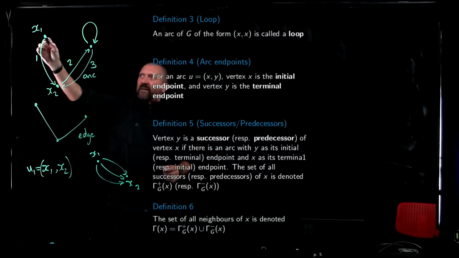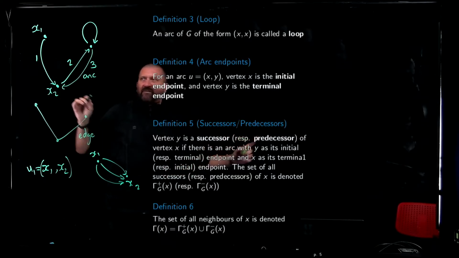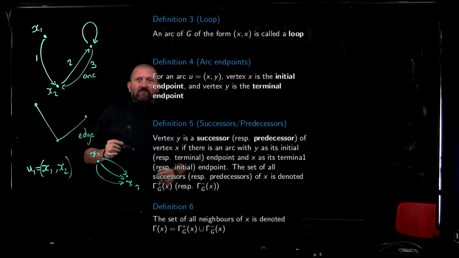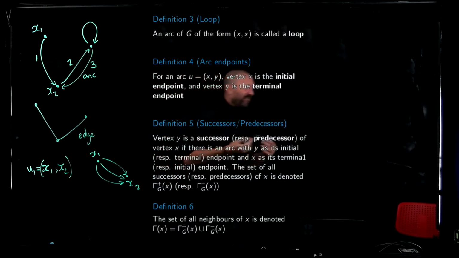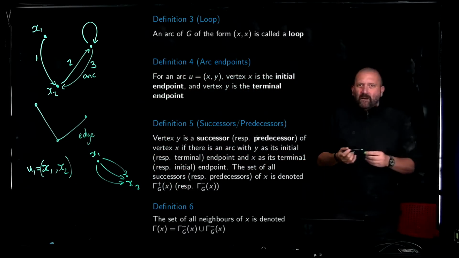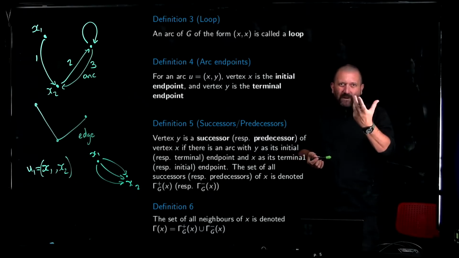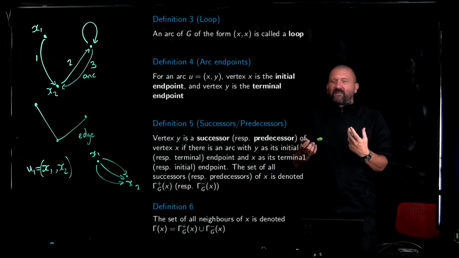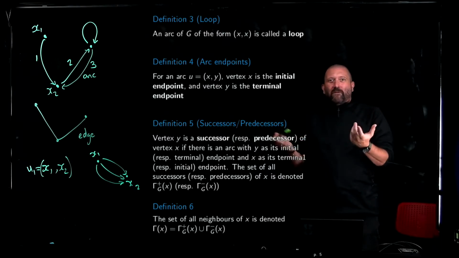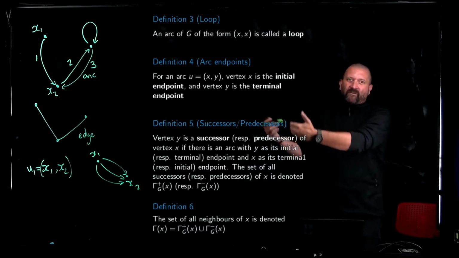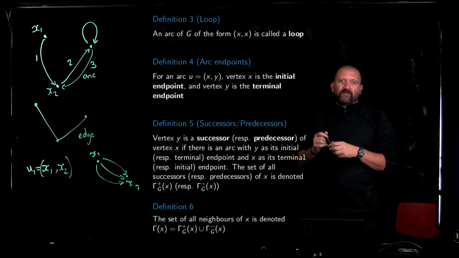Or we would say that x1 is a predecessor of x2 because there is an arc from x1 to x2. Okay? All of these notions, if you think about them, they're very intuitive. Okay? They describe relationships between objects, and we'll talk about a predecessor or successor because something comes after something or before something. Okay.